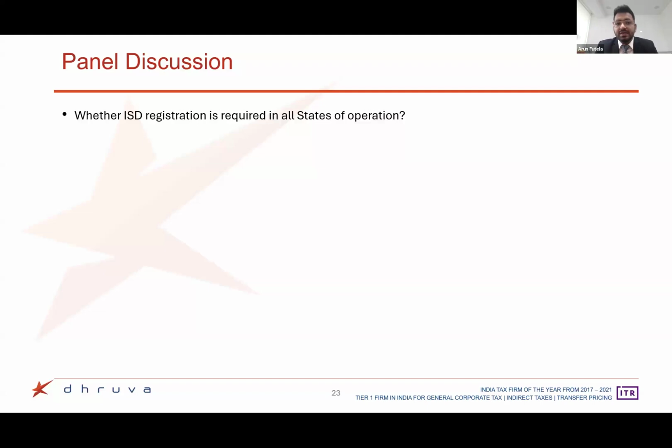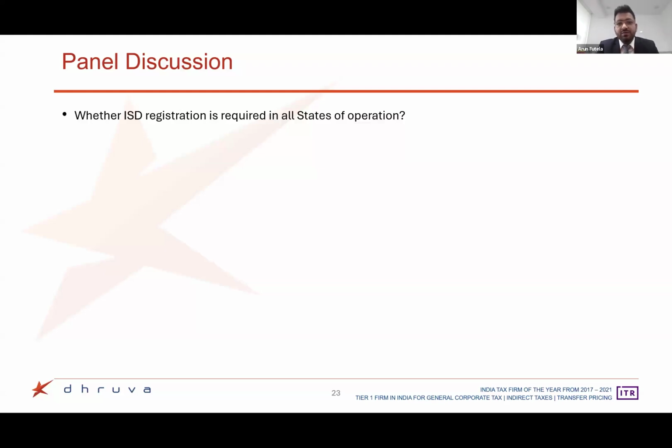However, if there's a company and there are two HOs, wherein there are two locations and both being the center and availing services on behalf of all the other locations, then they both may have to get registered under ISD. And apart from that, there could be scenarios wherein there is one corporate office and within that there are divisional corporate offices as well.